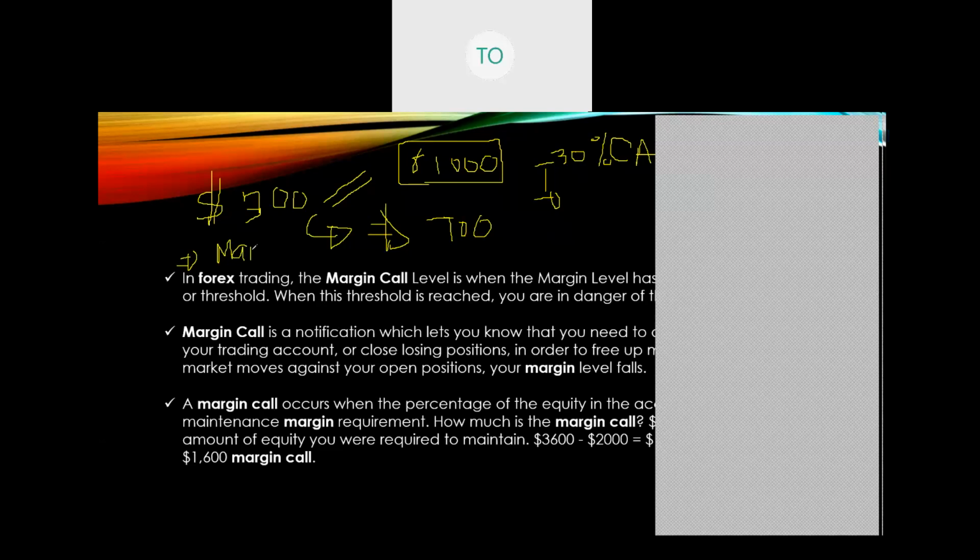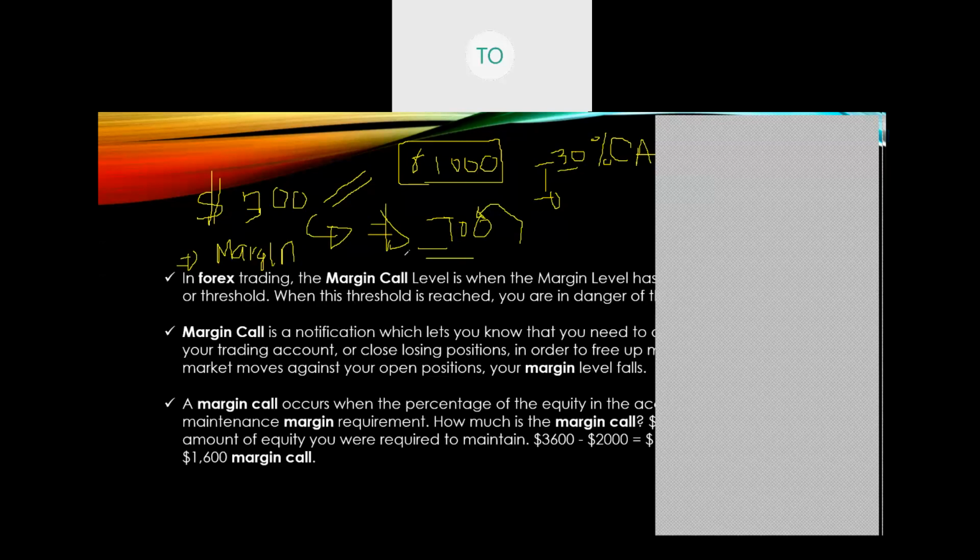So you've configured the system so it sends you a notification to let you know that you need to deposit some more money above the balance of 700 to continue trading. Now, that's a very, very high margin call at 700.